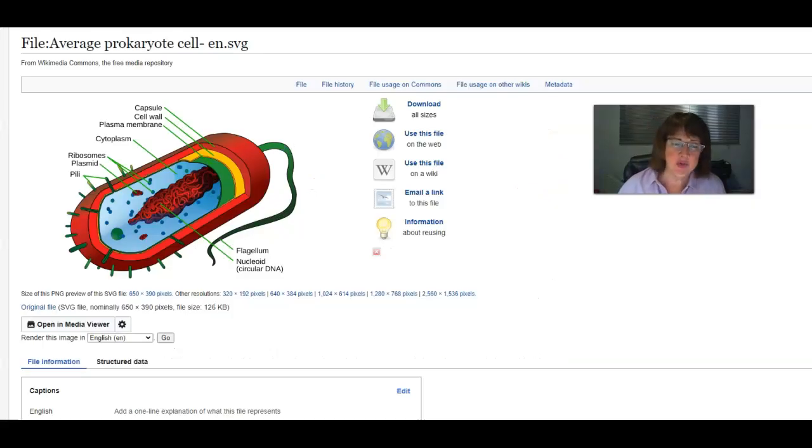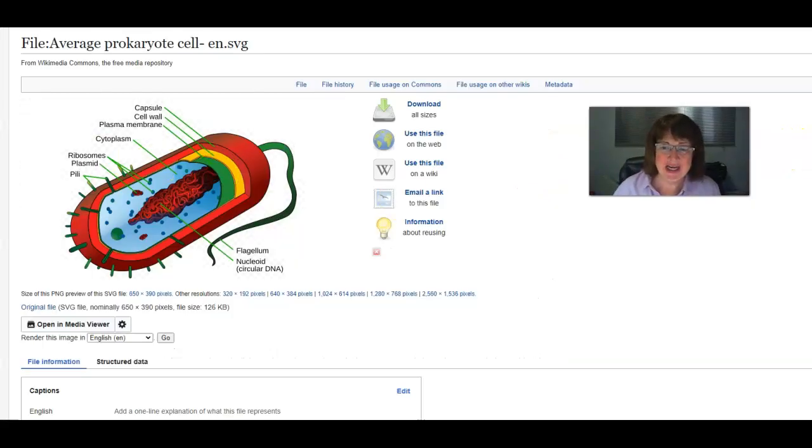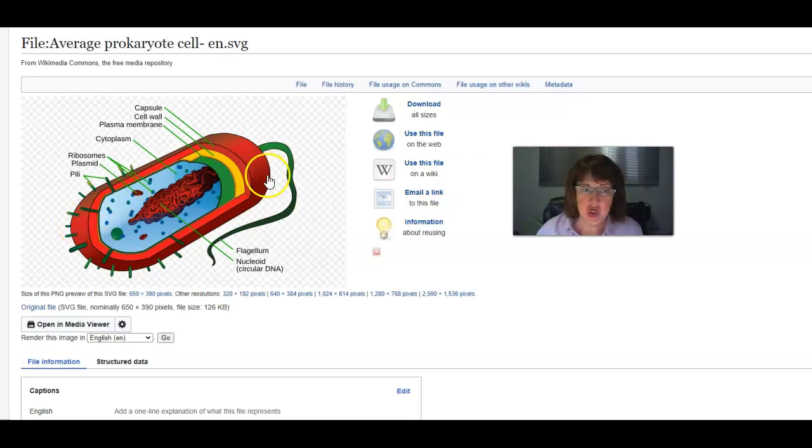The first organism we're going to look at is bacteria. Now, this is what's called a rod-shaped or bacillus bacteria. Not all bacteria have these parts, but we'll start with this one. To begin with, the thing that's unique to most bacteria is the outer covering. Bacteria have a capsule, which is protective, and then a cell wall.